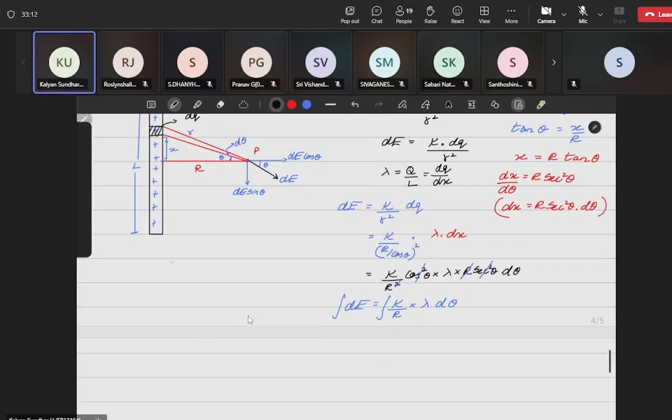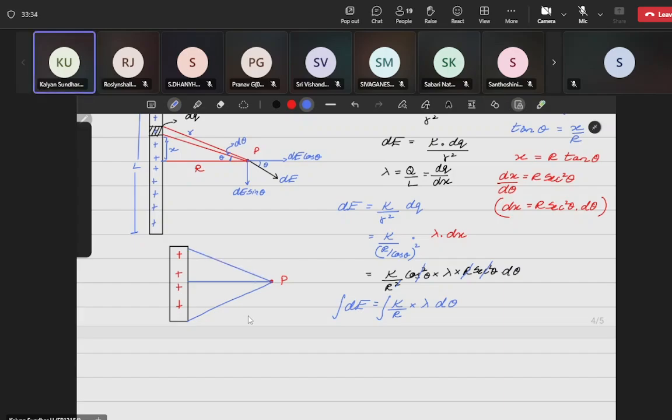Draw it here. Sir, can you repeat it? Yes, ma'am. Sure, ma'am. Right. So this is your positively charged body, and at this point I want to find out my electric field, for the complete length.